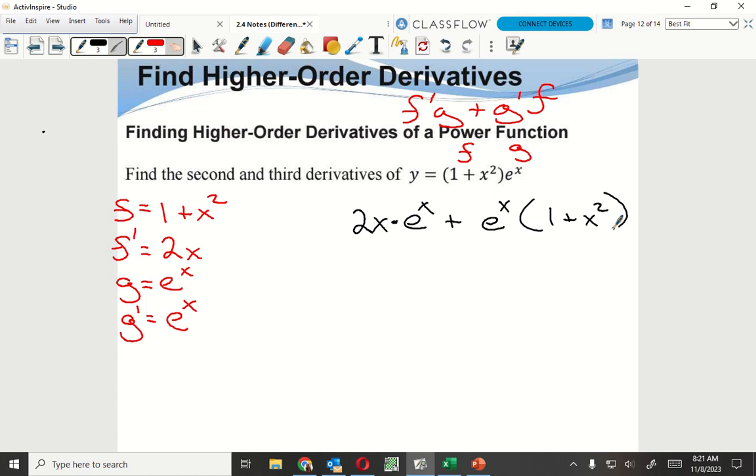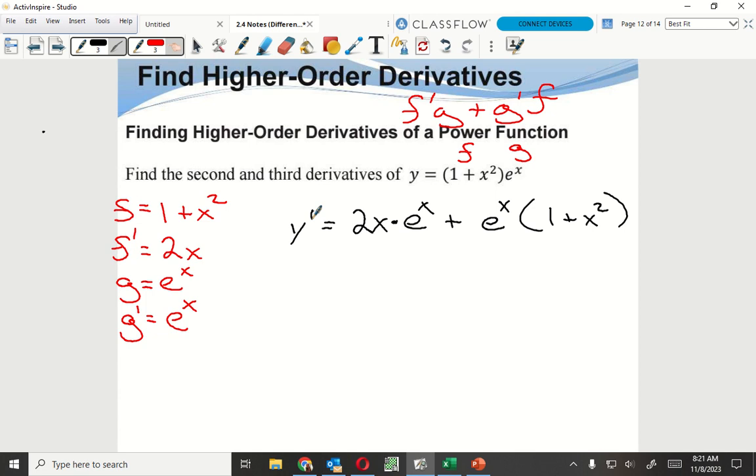So this one right here would be considered my first derivative. So this would be my y prime. Okay, that's the first derivative.